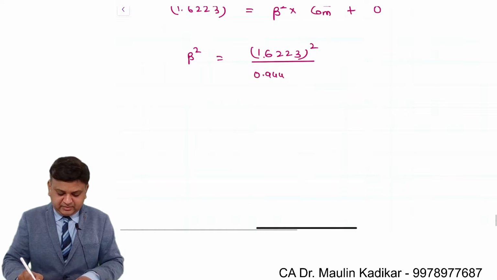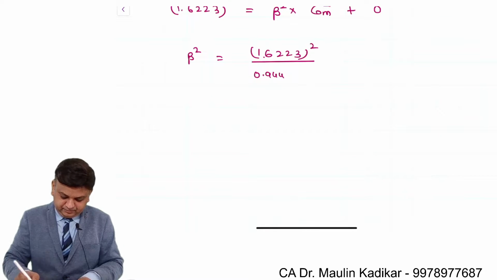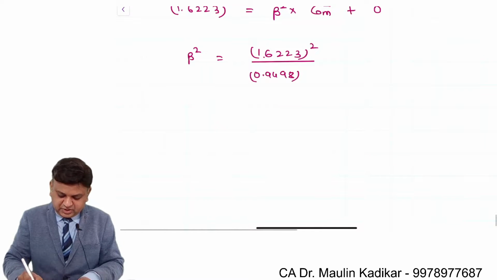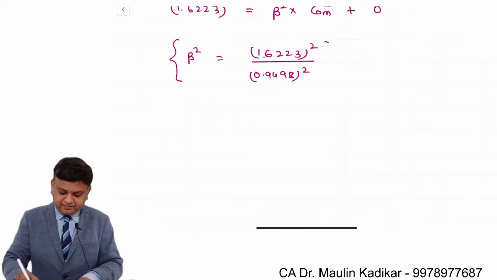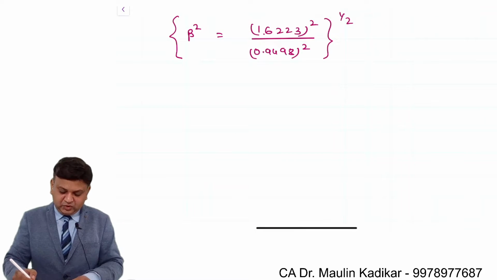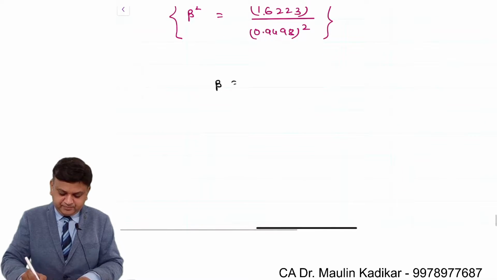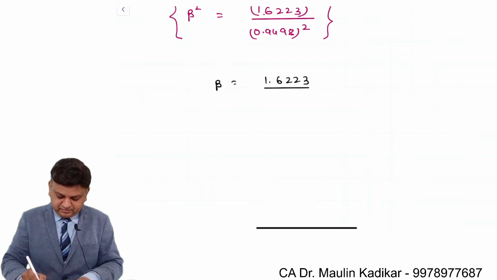Sorry, 0.9498 raised to 2. So now we can simplify this by a number of methods, raised to 1 by 2. So we can calculate the beta. It is 1.6223 divided by 0.9498.